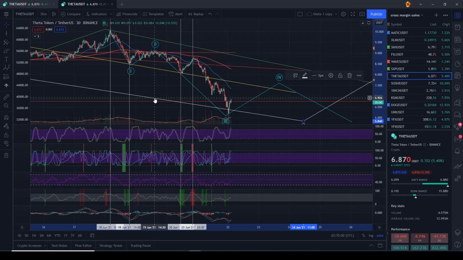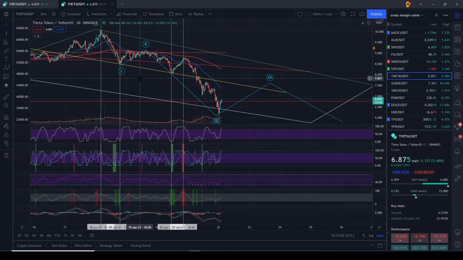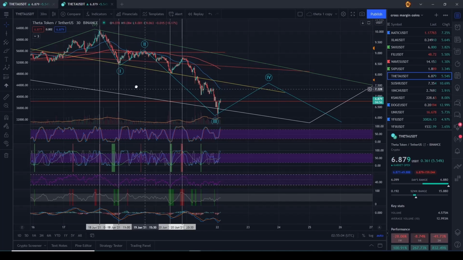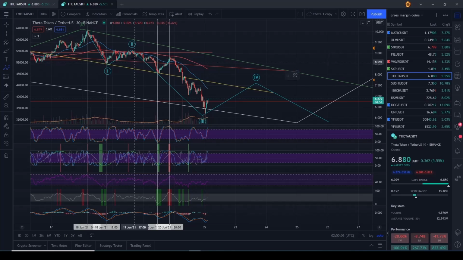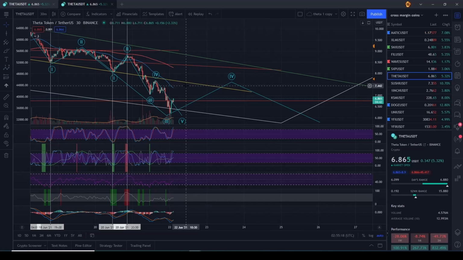This is some sort of a subwave. Okay, let us start with subwaves. So this is a 1, 2, and this here is supposedly a 3, and this is a 4, and somewhere here was expected to be a 5th wave.